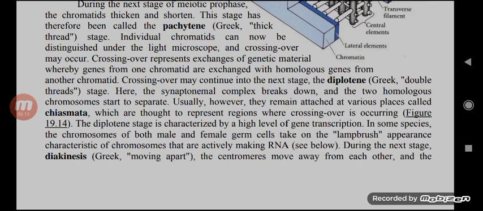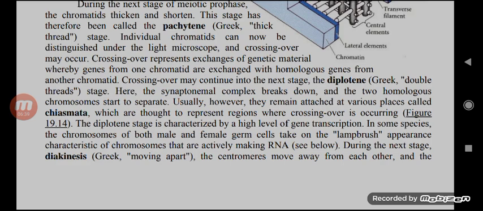The diplotene stage is characterized by a high level of gene transcription in some species. The chromosomes of both male and female germ cells take on the lampbrush appearance characteristic of chromosomes that are actively making RNA.